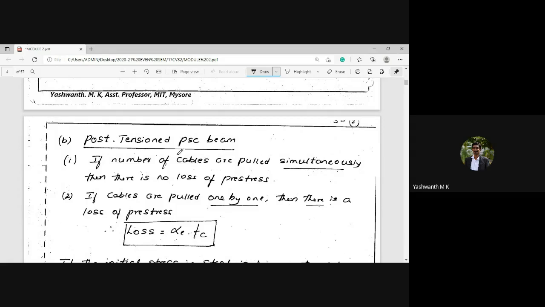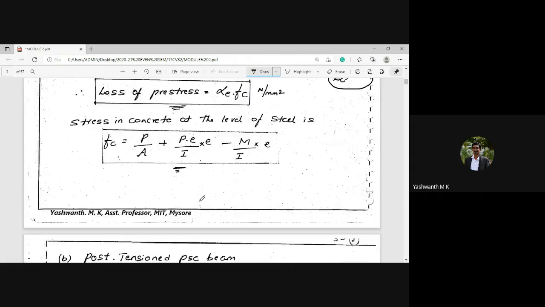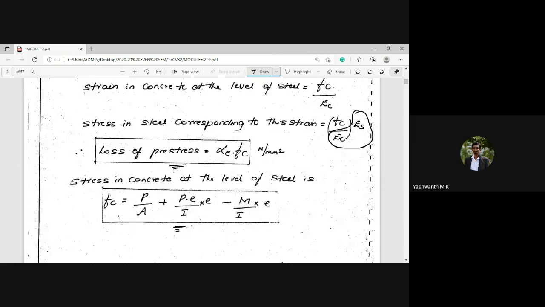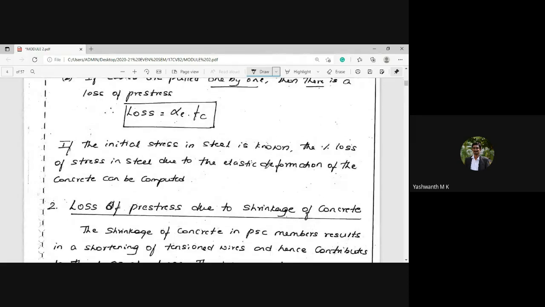If the same number of cables are pulled one by one, then there will be loss of pre-stress. That loss will be determined by the same formula, that is, loss of pre-stress is equal to alpha E multiplied by Fc.